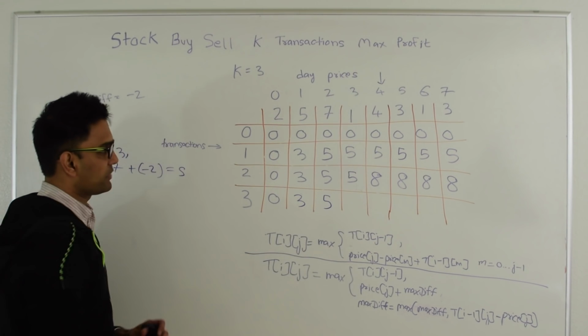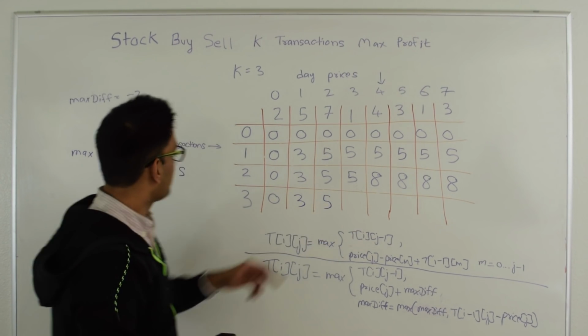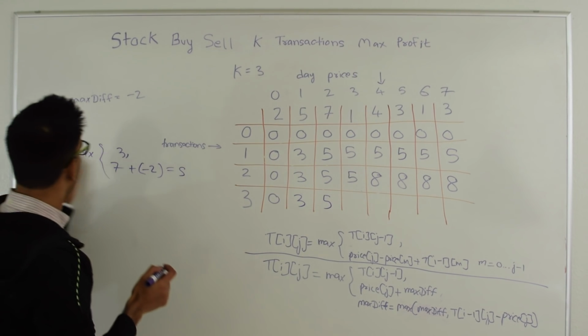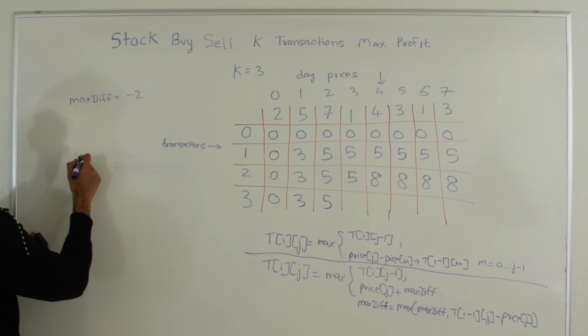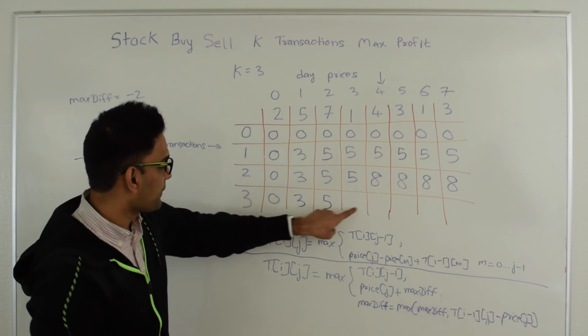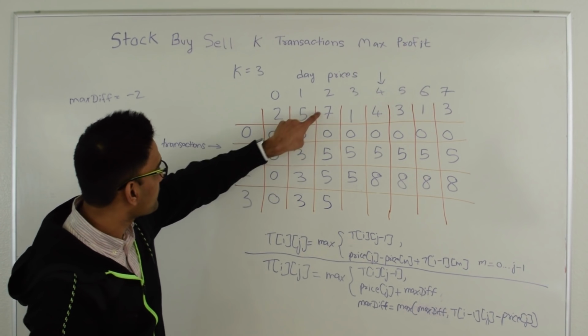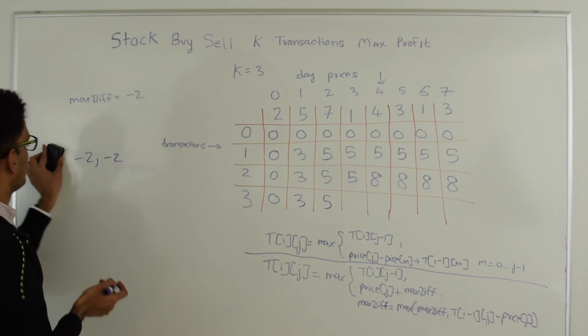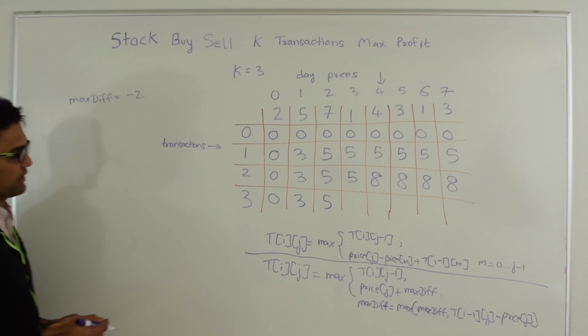Again, before moving on to the next cell, we are again going to recalculate the max diff. So the max diff will be the current max diff, minus 2, or if we are going to go on this cell, then 5 minus 7, so that's also minus 2. So max of minus 2 and minus 2 is minus 2.